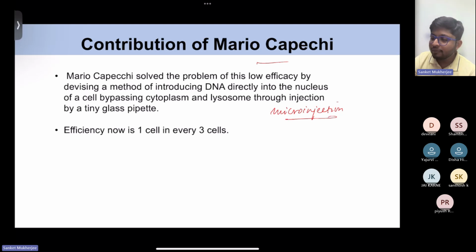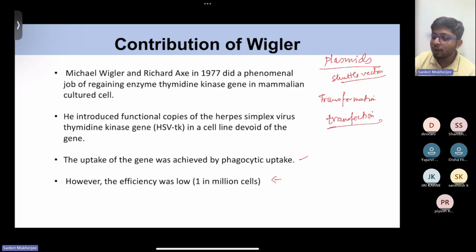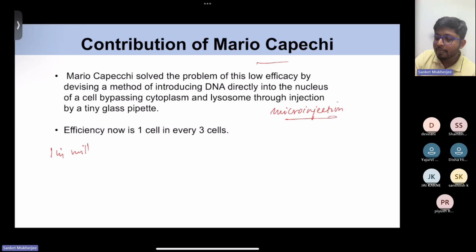Previously, the efficiency was like 1 in a million cells. Now he was able to increase this efficiency to 1 in every 3 cells. That was pretty good. But anyway, it's still a low efficiency. But whenever you try to introduce anything foreign to a cell, it's more than likely that the efficiency would be low, right? That's how we see it in normal experiments as well.